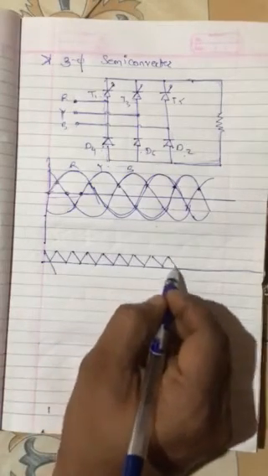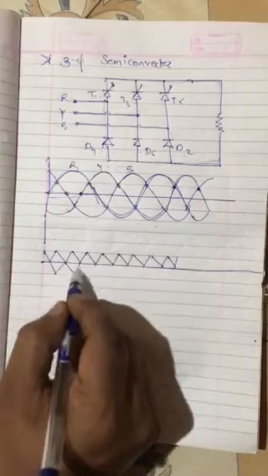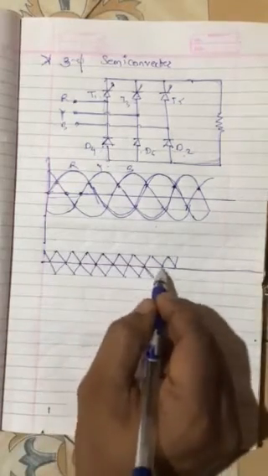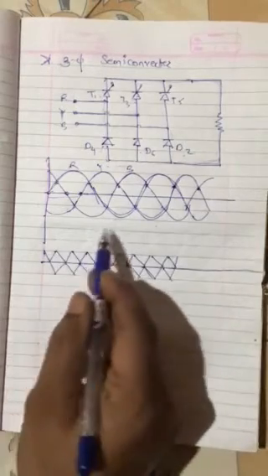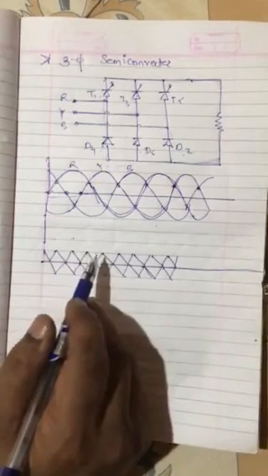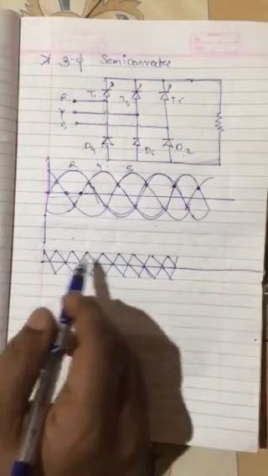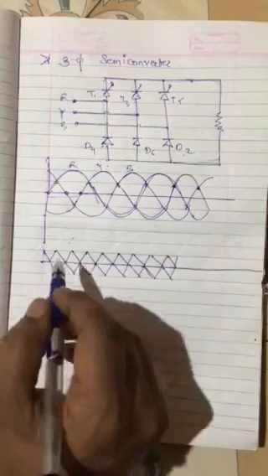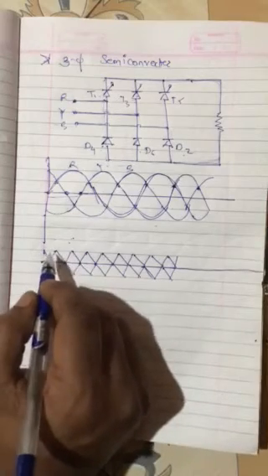For line voltages, this is the technique. In some books like Bimra, you can see they have shown only the positive half side, because we are going to get output on the positive side only, so there is no need to show the negative side. But I am drawing it for the first time so that you can understand.